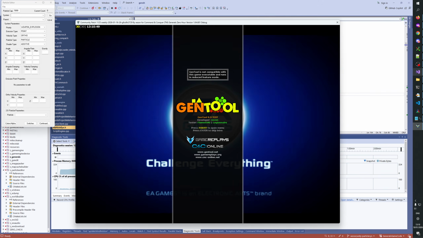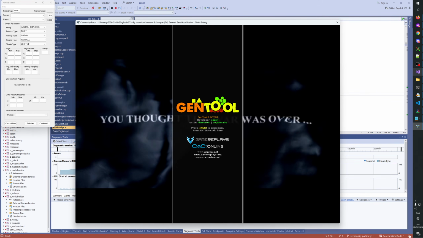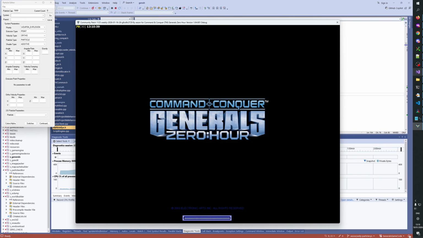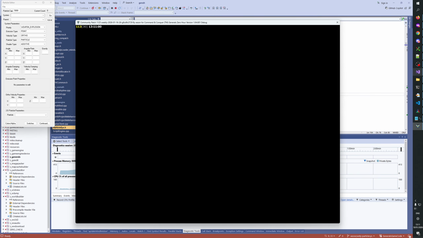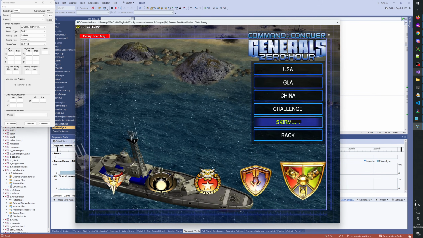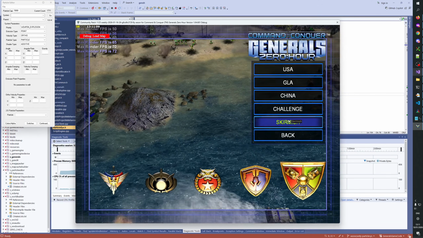Oh, we also have our particle editor here. Yeah, okay, cool. So, let's see. Let's see if we see particles here already. Yeah, we do. Very nice.